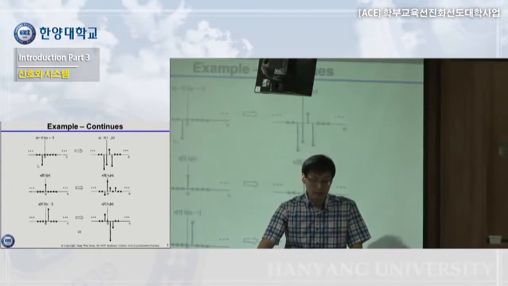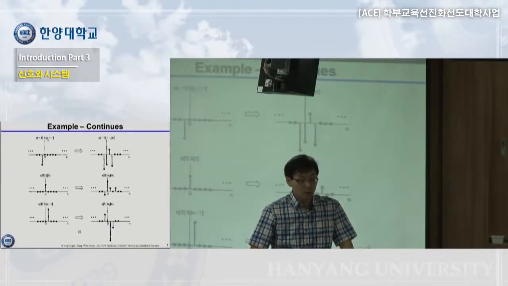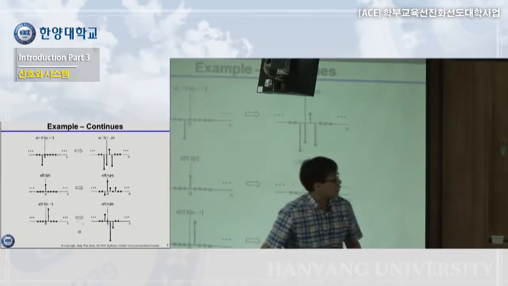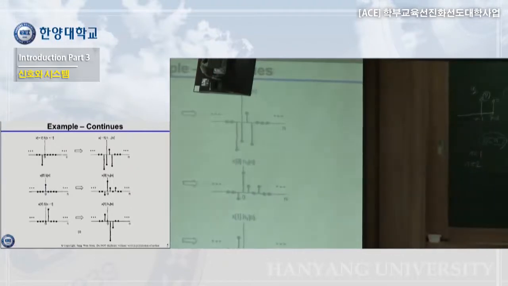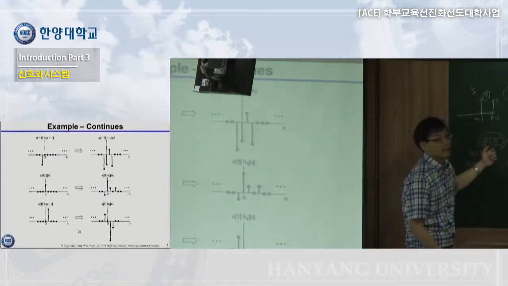We apply this to the system. When you apply to the system, this one will change to h. Let's think about the difference. This one is representing the x, and when this one changes to h, then the output will be the n.